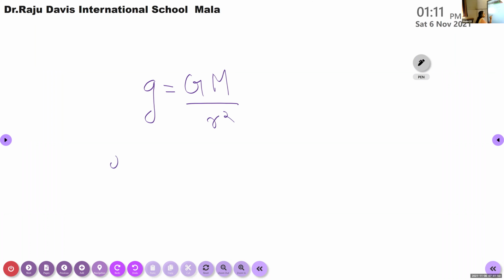And here r is the radius of the earth. Students, can you say how they are related to each other? How is the radius of the earth related to acceleration due to gravity? What happens if the radius of the earth increases?